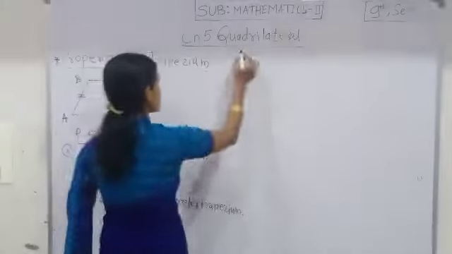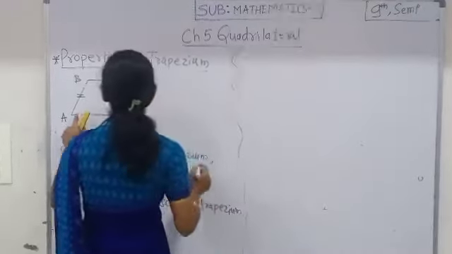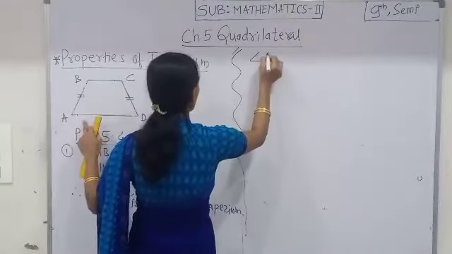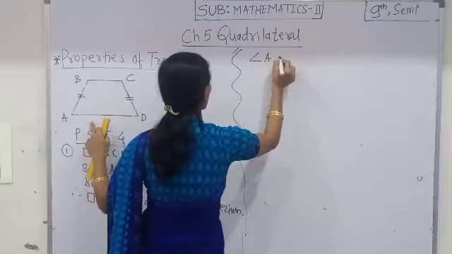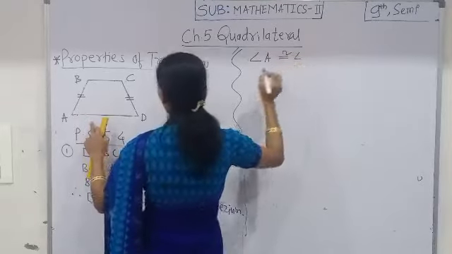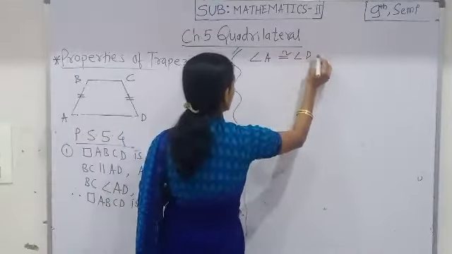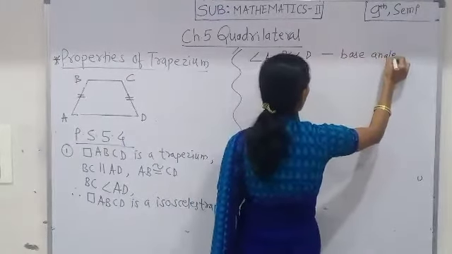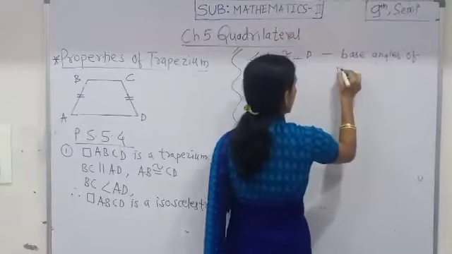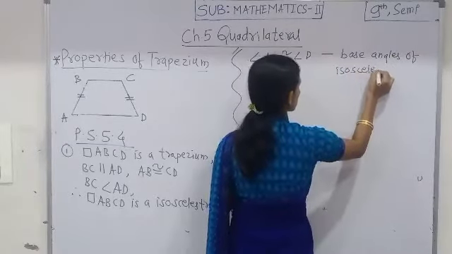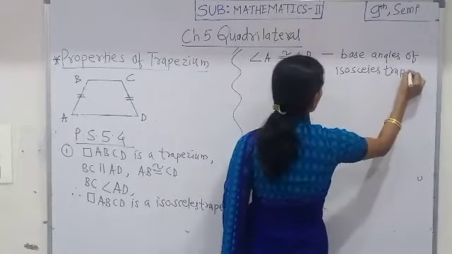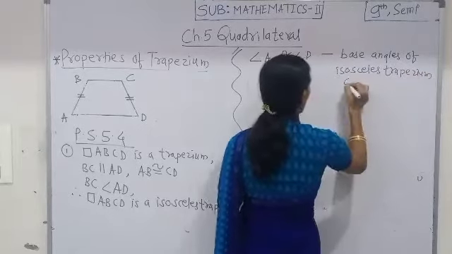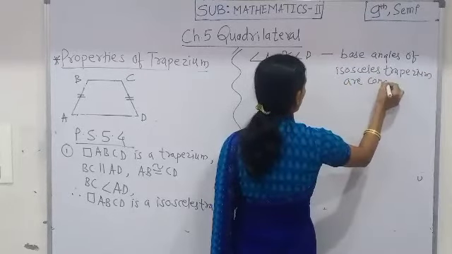And in an isosceles trapezium, angle A is congruent to angle D, because base angles of an isosceles trapezium are congruent.